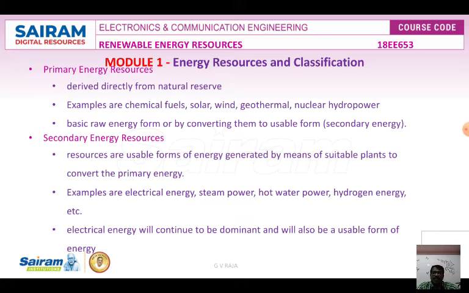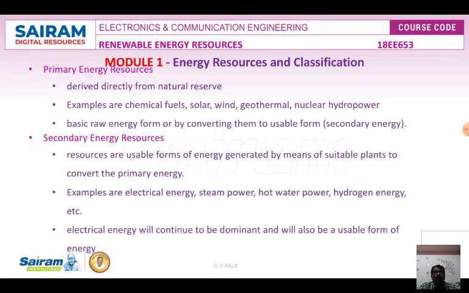So first we will see the traditional classification of the energy resources: primary energy resources and secondary energy resources. Primary energy resources are the resources available in nature in the raw form. For example, fossil fuels.